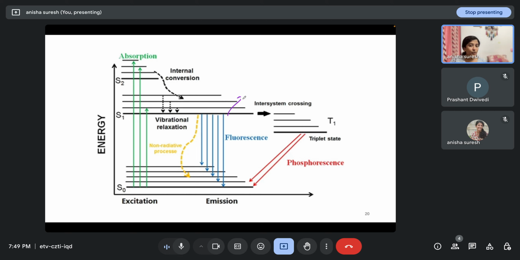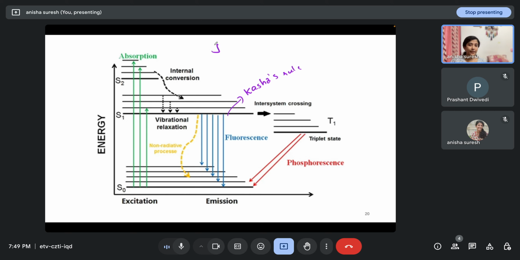So that is according to Kasha's rule. The electron will be coming to the zeroth vibrational level of the S1 state, and from there fluorescence will be taking place. Then intersystem crossing is when electrons from the singlet state are crossing to the triplet state, by means of a non-radiative pathway. Then phosphorescence is from the triplet state to singlet state by radiative process. If energy is released, that is known as phosphorescence. Clear?